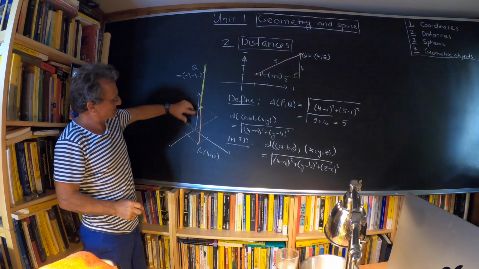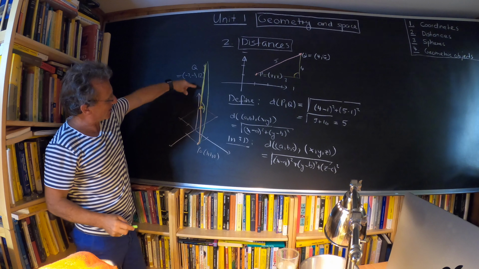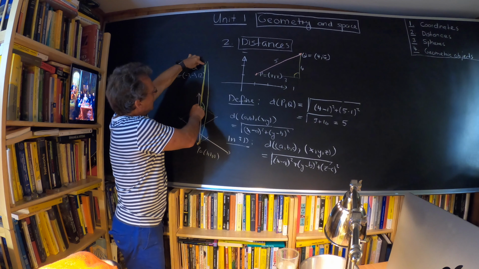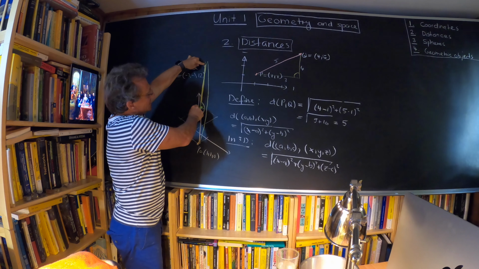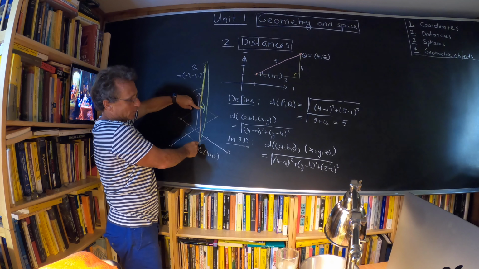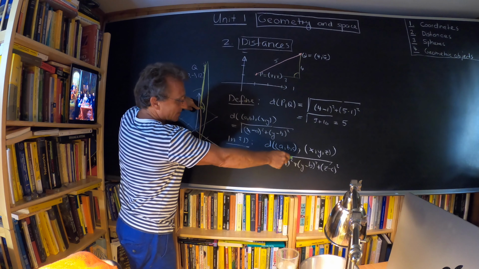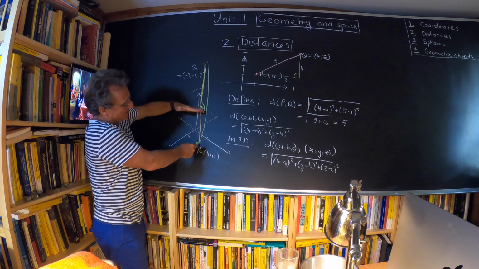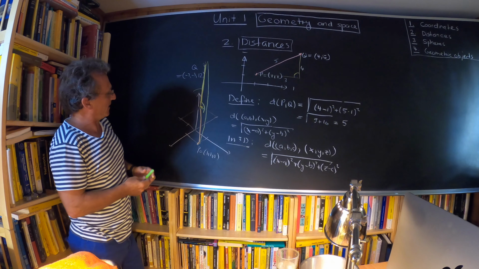One doesn't really see that it's a right angle triangle, but we get a triangle which, by Pythagoras, is defined as z minus c squared, plus the sum of the squares x minus a squared plus y minus b squared, square root. So this distance here is the distance in the plane.